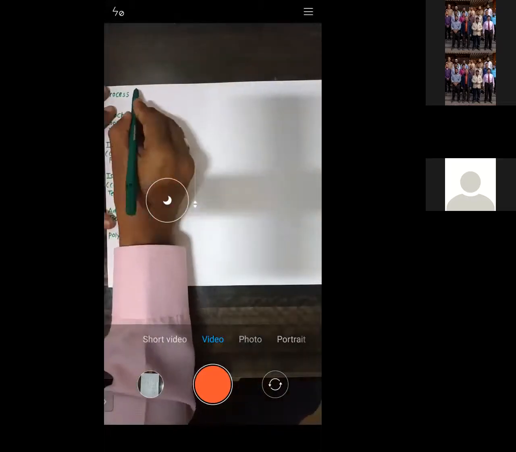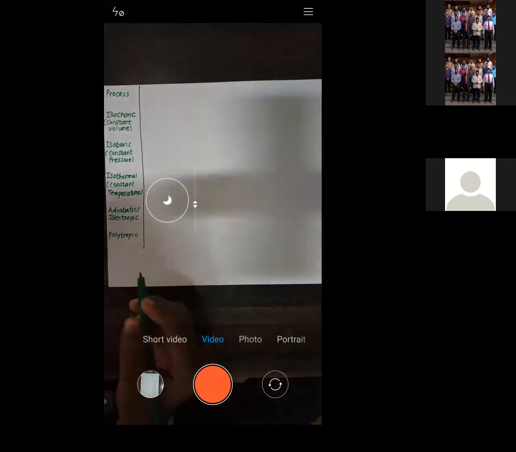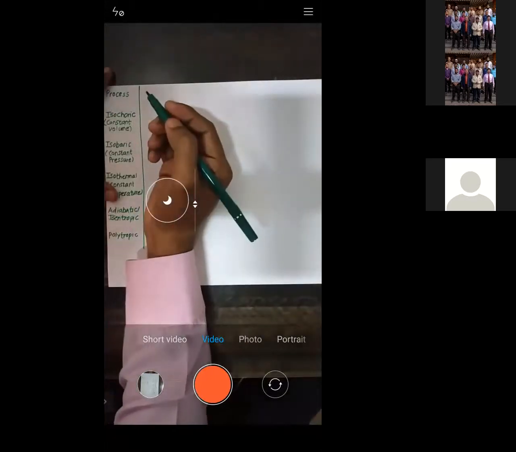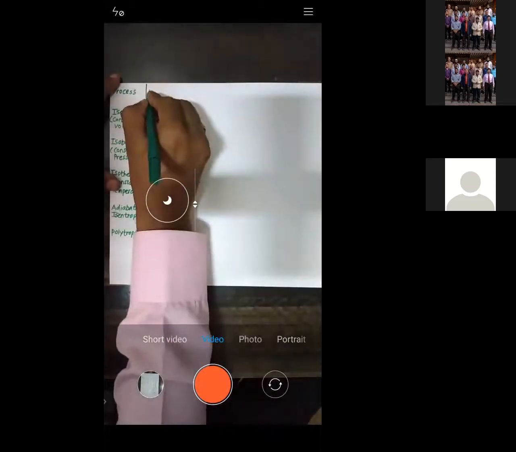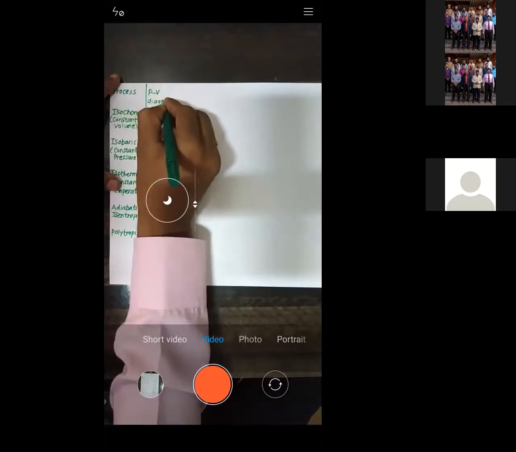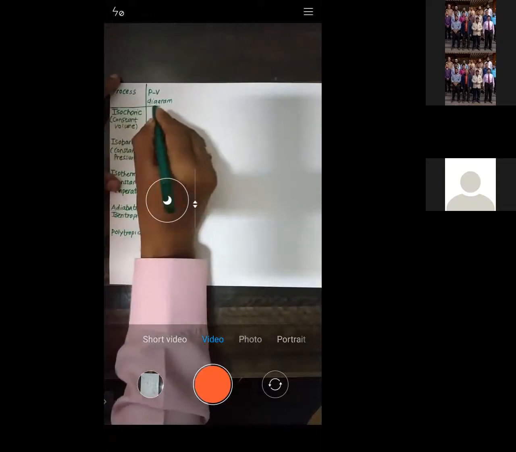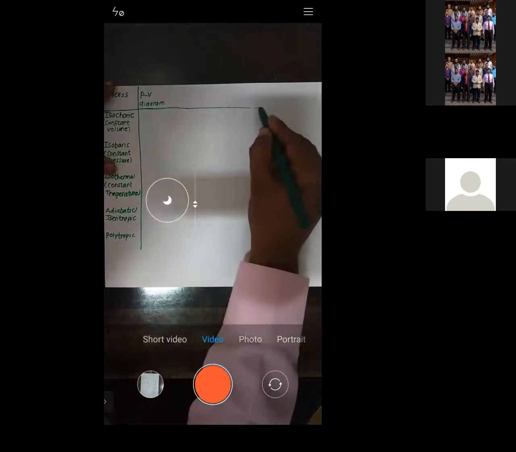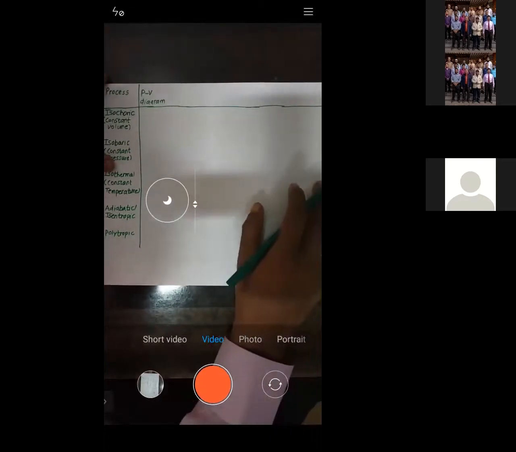Okay, let us start first with the PV diagram. Let me make this table.